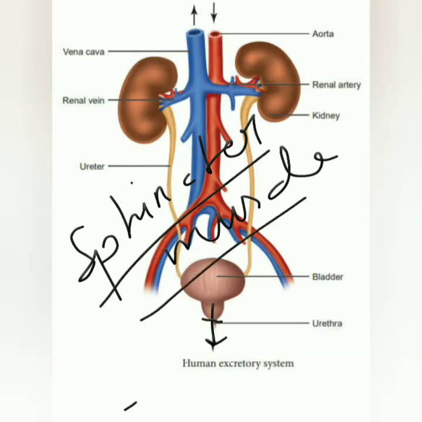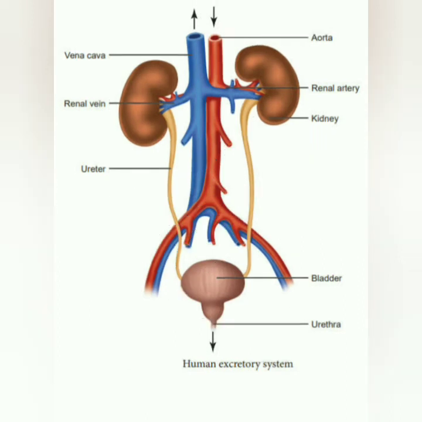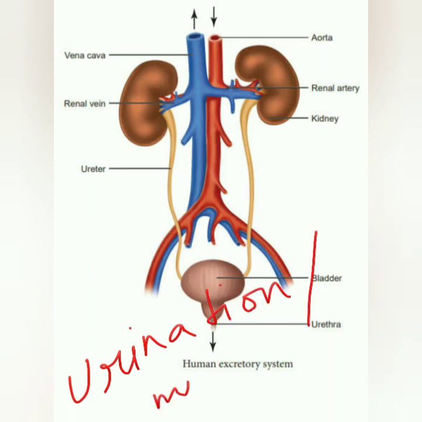These muscles relax to release urine out of the body. The process of expulsion of urine to the exterior is called urination or micturition.